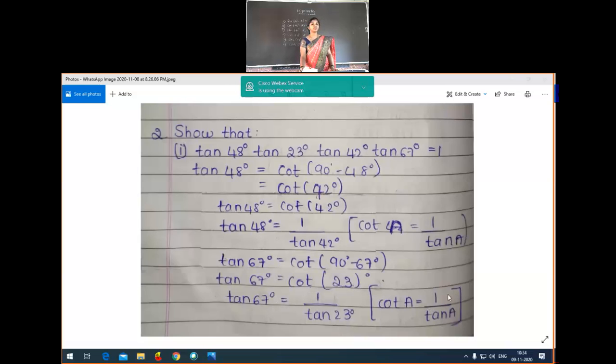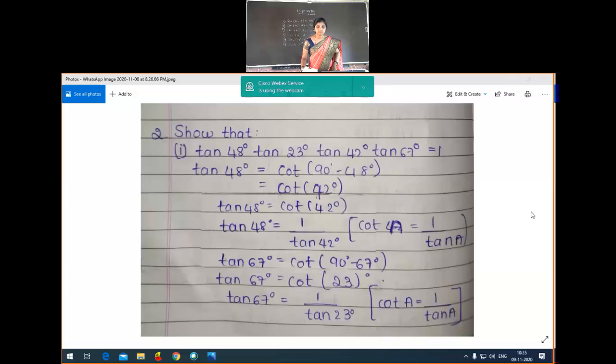Again, we can write it in the form of 1 by tan A. That is 1 by tan 23. Got the idea? So tan 23 here, and this tan 42 we are keeping as it is. Only we are changing this tan 48 and tan 67 so that everything will be cancelled and remaining is 1. So that is actually the plan.